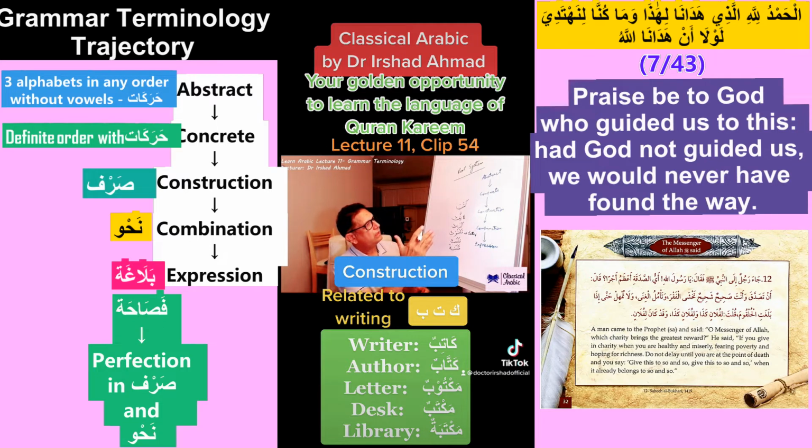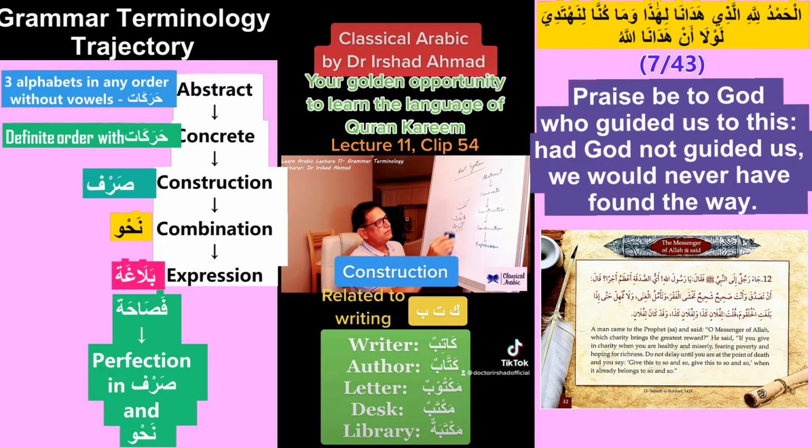So one root, kataba, basically means something to do with writing, and when we put in these different constructions, that gives different meanings, but all these meanings have a connotation of writing.